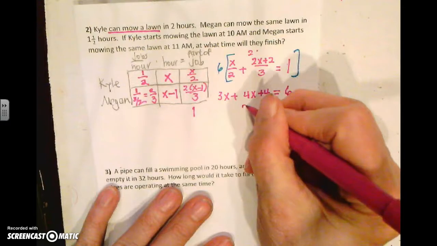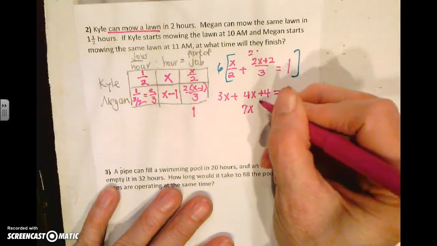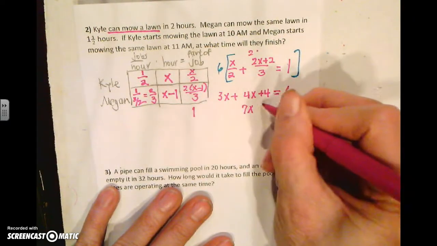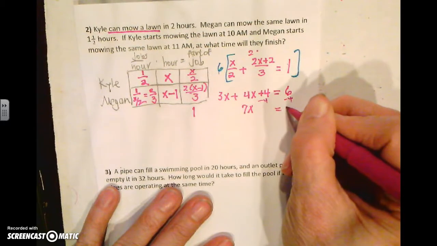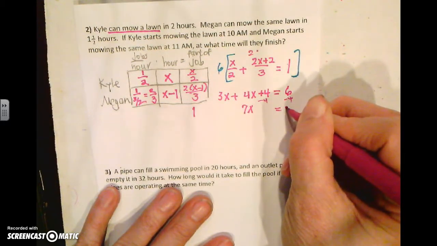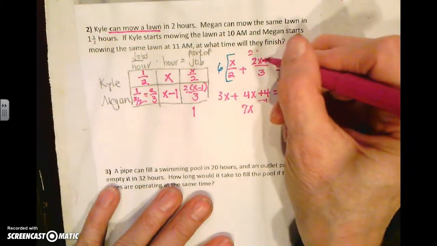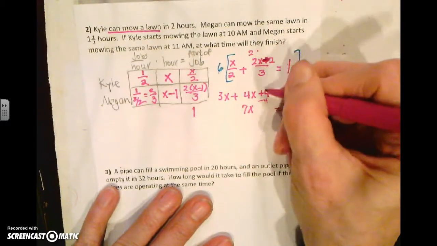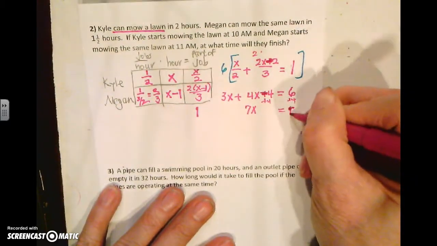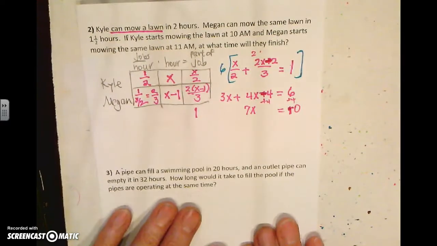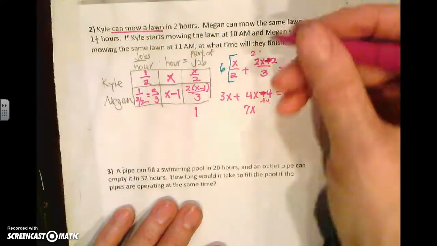And so simplify 7X. I'll subtract my 4 from both sides, so subtract 4. And I'll get is equal to 2. Oh, that was a minus, wasn't it? That's a minus. That makes this a minus. That means I'm going to add 4 to both sides and get 10. Sorry about that. This is a minus up here.